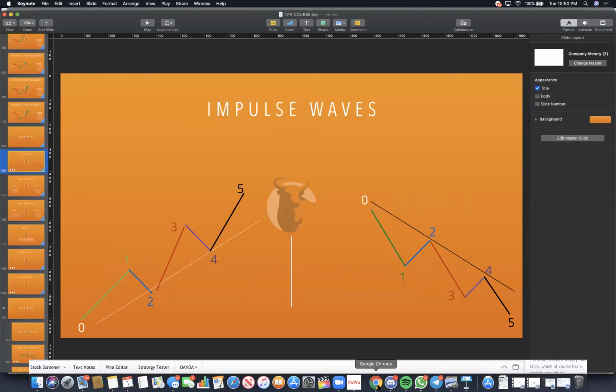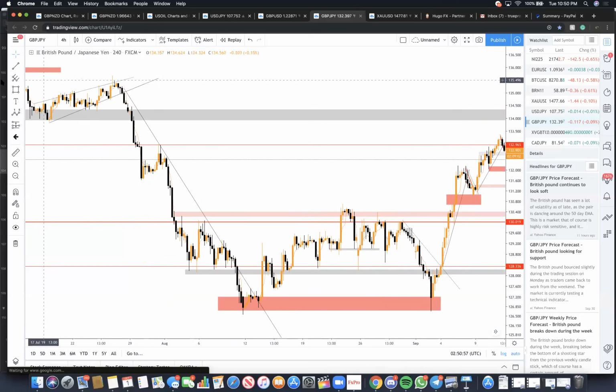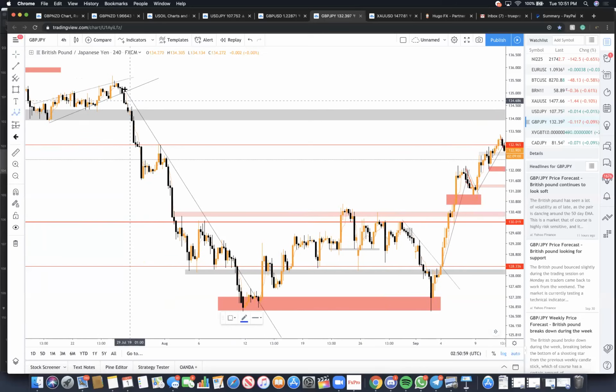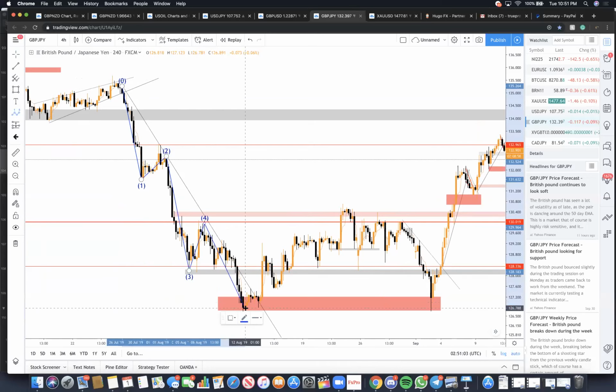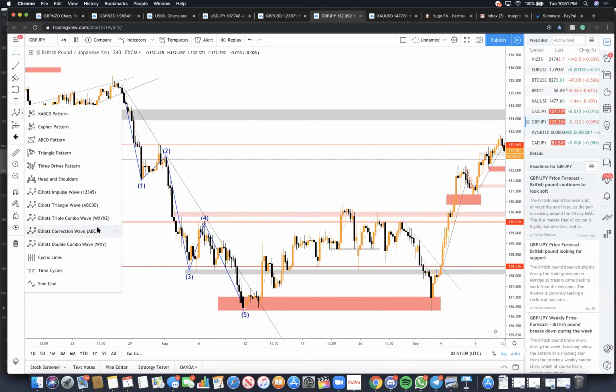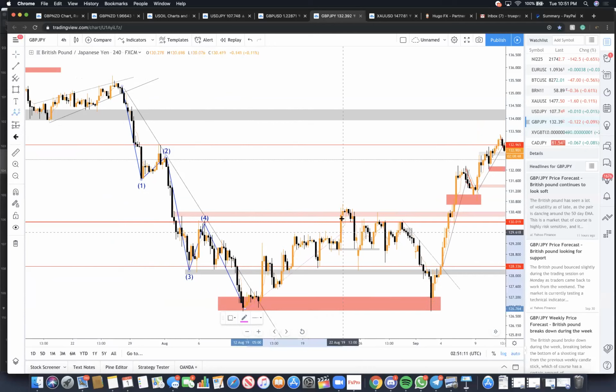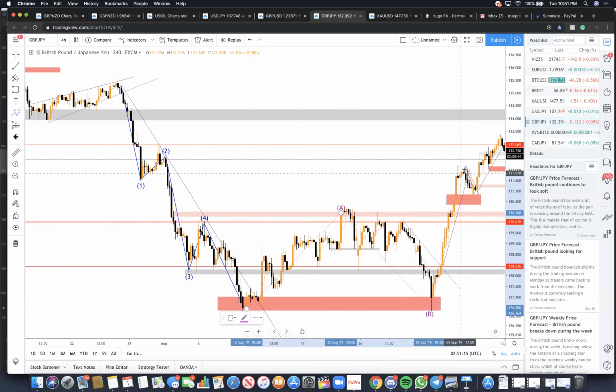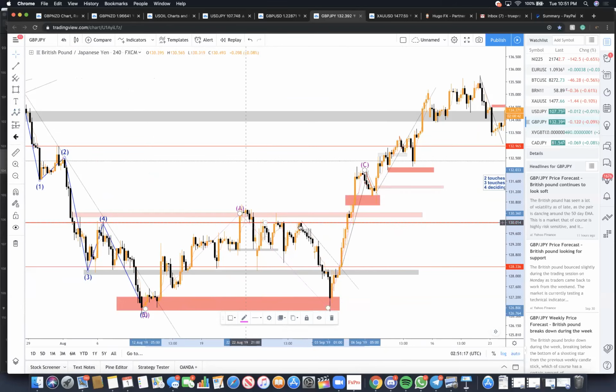So we saw some examples where, for instance, here's our moves to the downside. 1, 2, 3, 4, 5, right? Now we have the next one, which is the correction. So if we use the correction, we have A, B, and C. See here how C reached its highest point.